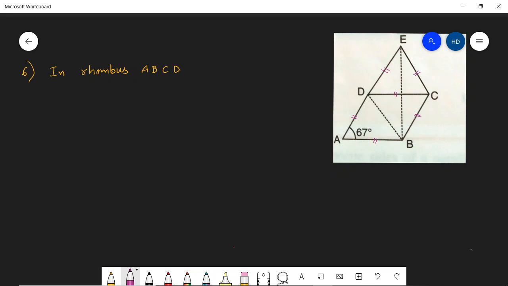So now with these data, you are supposed to calculate first, angle CBE. How much is this? Then next, you're supposed to calculate angle DBE. Let me mark this particular angle with red.